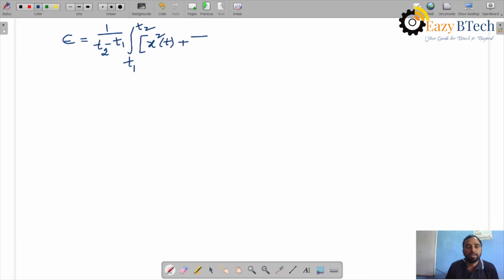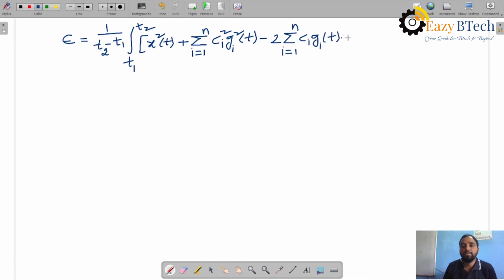Second term b square, so plus summation i is equal to 1 to n, b means ci square gi square of t. So a square plus b square minus 2ab, so minus 2 times summation i is equal to 1 to n, ci gi of t into x of t. So we have just opened a minus b whole square, dt.